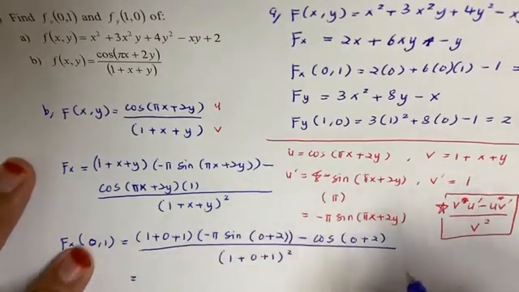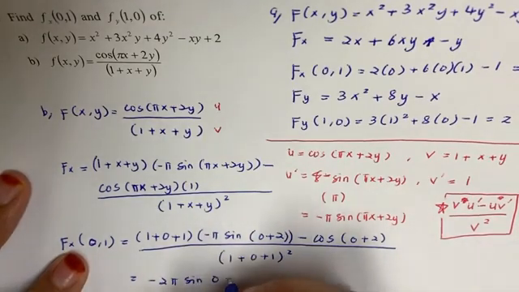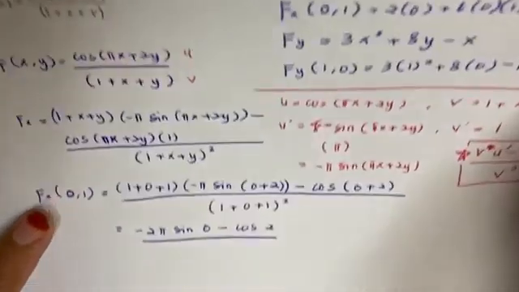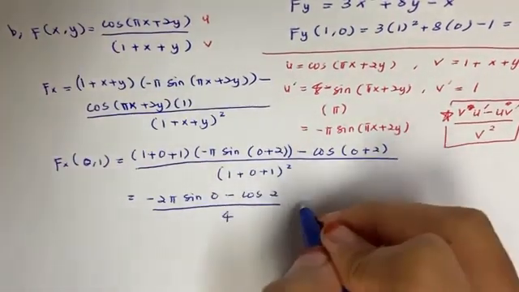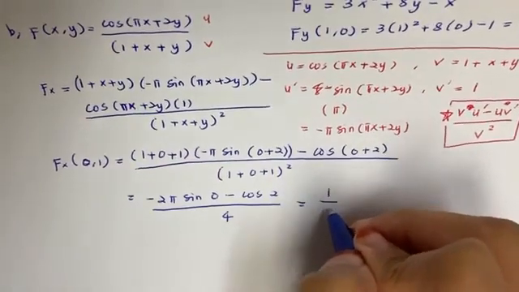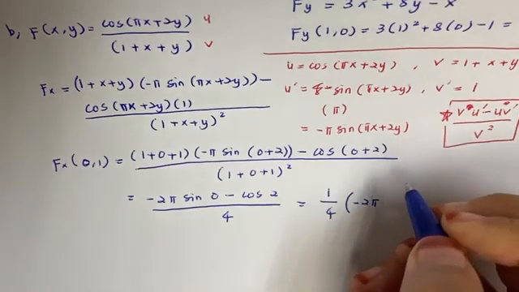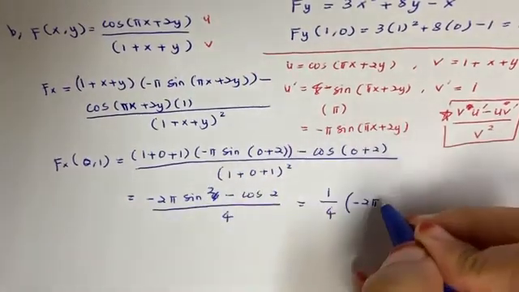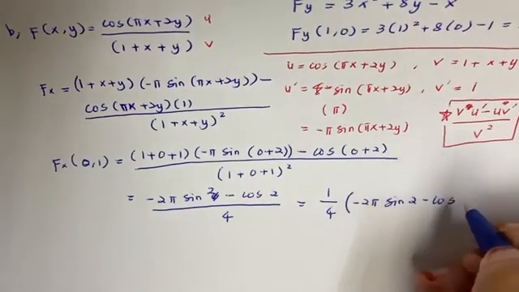So this is equal to 1 plus 1 is 2, minus 2 pi sine 0, minus cos 2, divided by 1 plus 1 squared, you have 4. So the last answer is 1 over 4 multiplied by minus 2 pi. Sorry, this is sine 0 plus 2 is sine 2. 2 pi sine 2 minus cos 2.